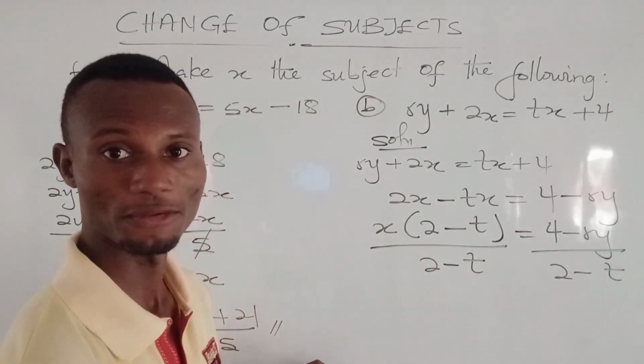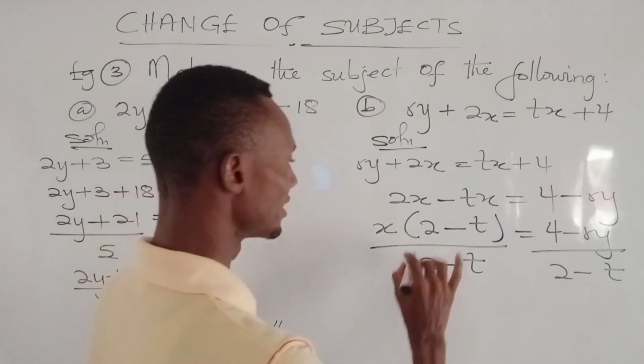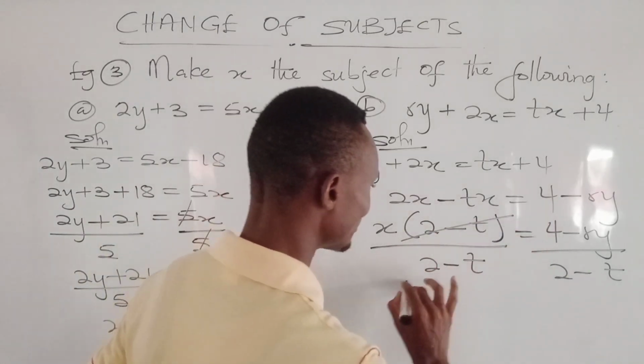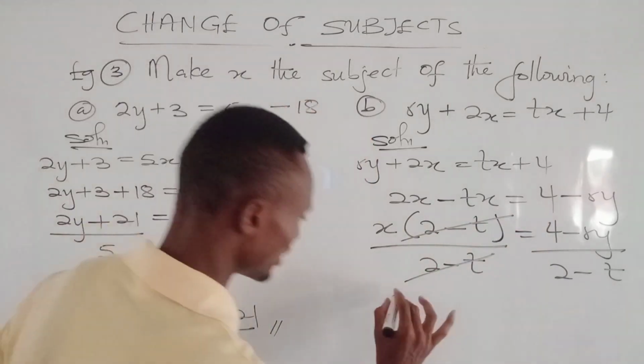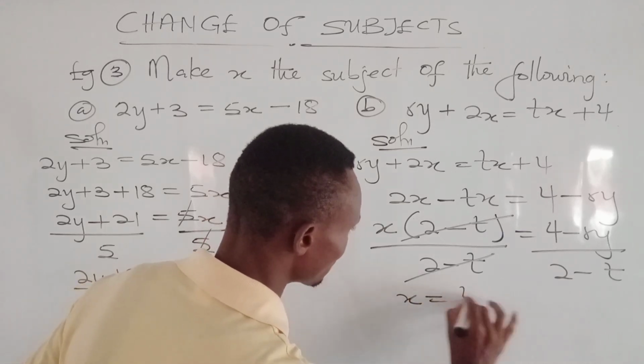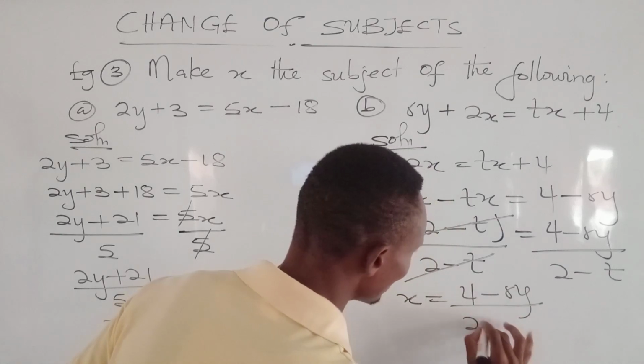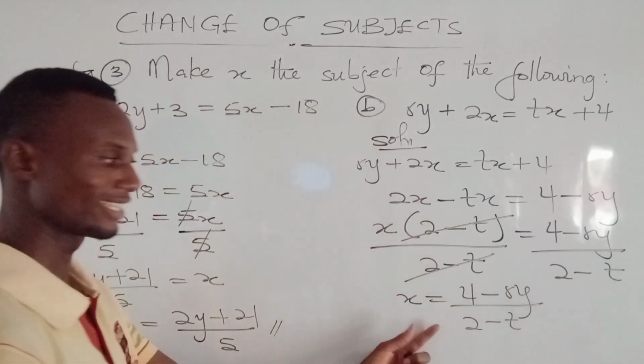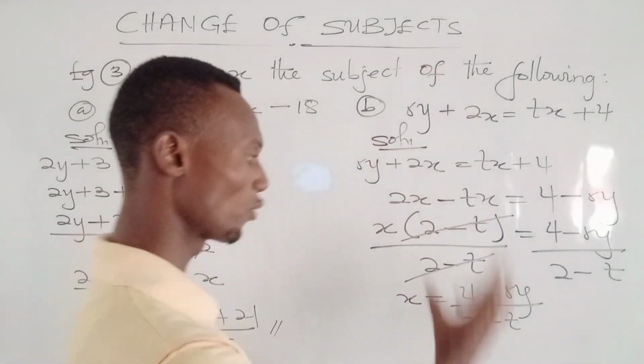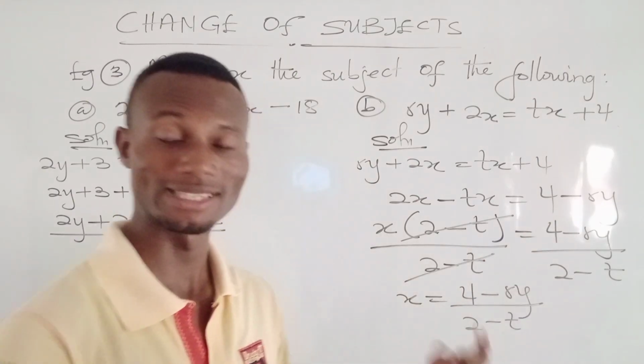I hope you are following and you understand up to this point, so that this 2 minus t can cancel this 2 minus t away. So we have our s equals 4 minus ry all over 2 minus t. So s is standing alone in the equation, which means we've made s the subject.